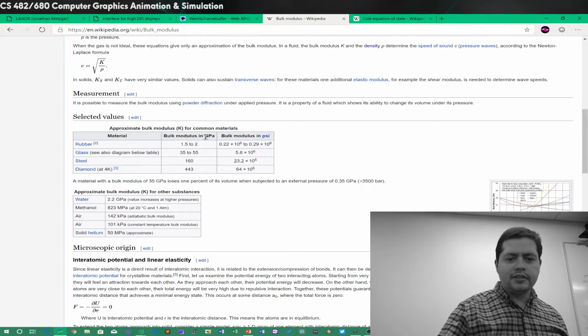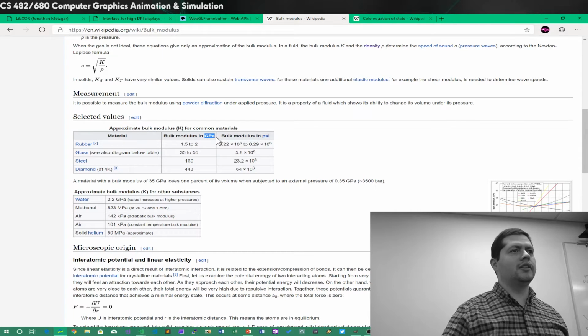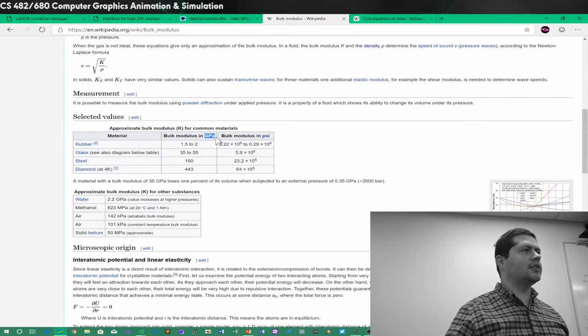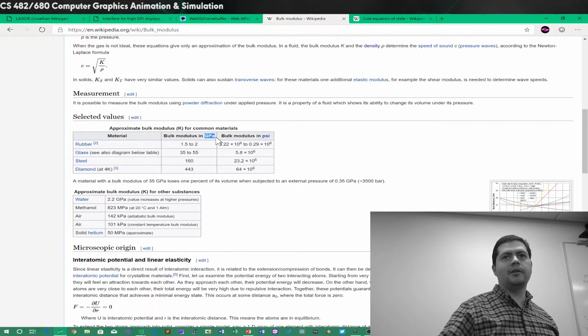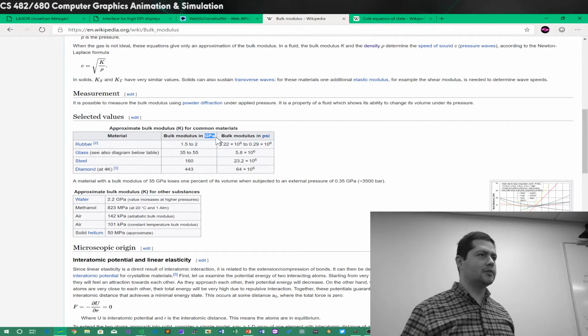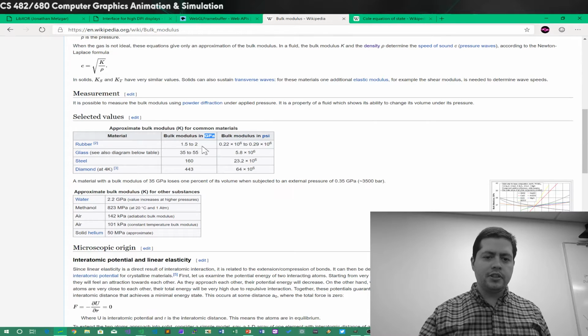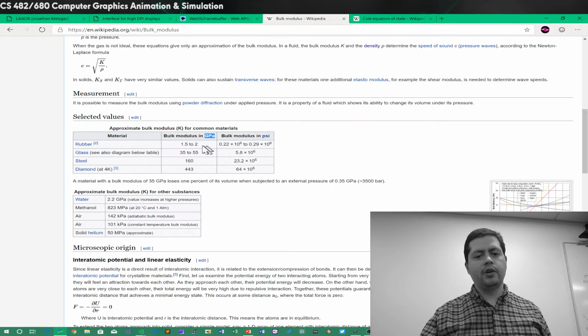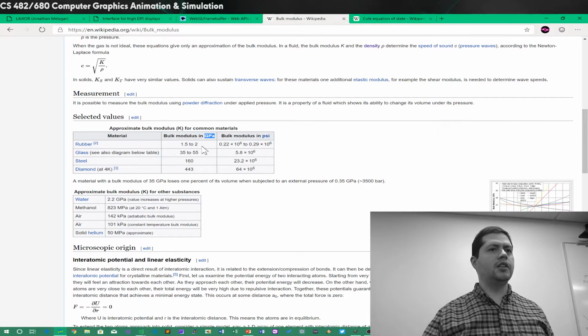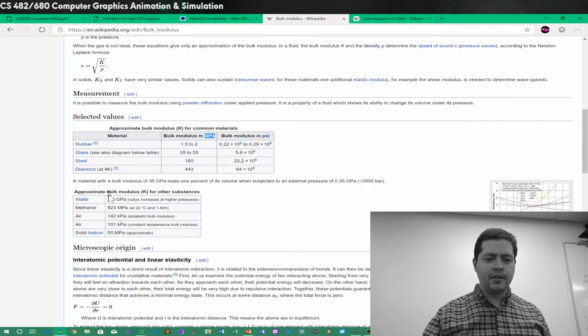You notice that this is GPa, gigapascals, so we're talking about a number that's like a billion. Over here they have some other approximate bulk modulus values for other substances. Water is 2.2 GPa.